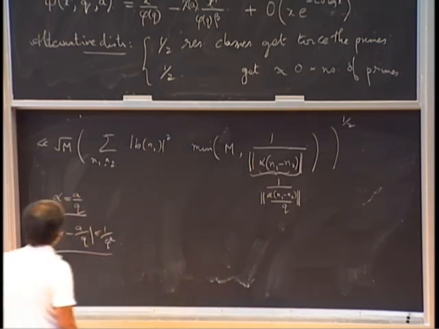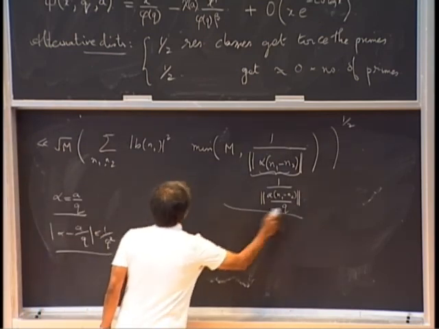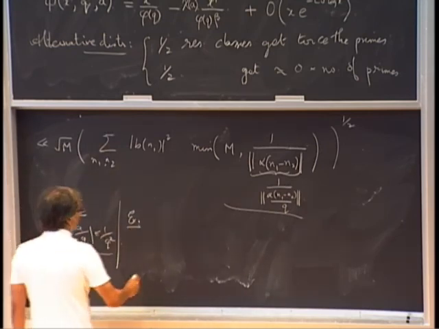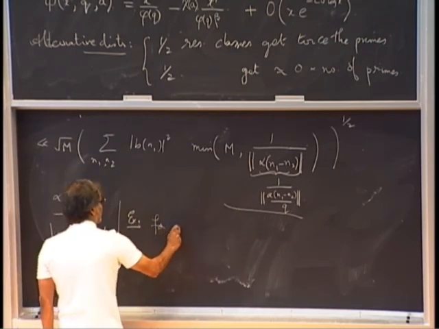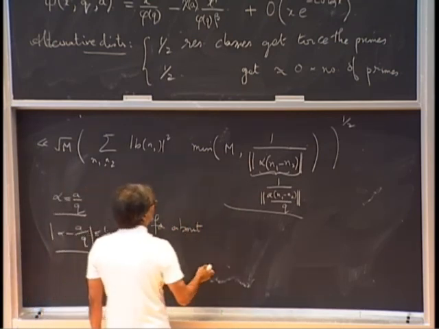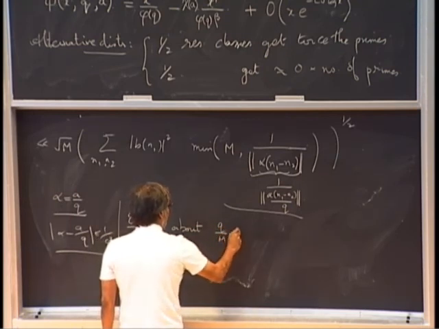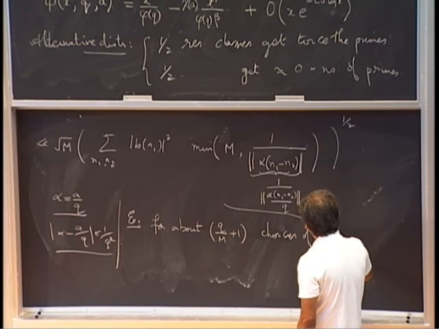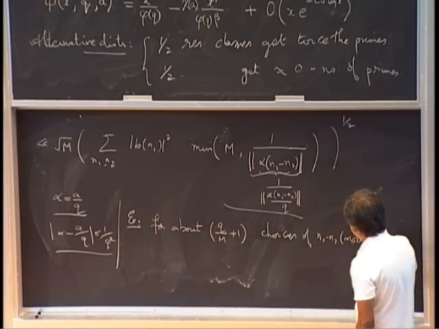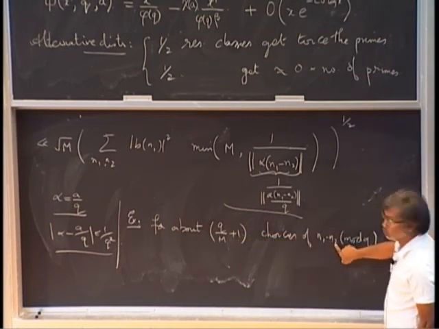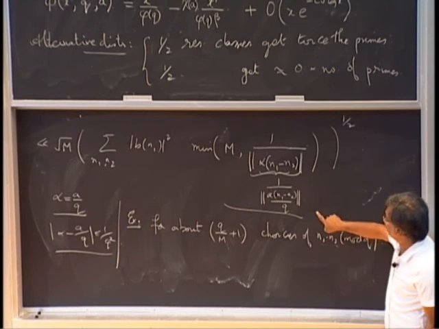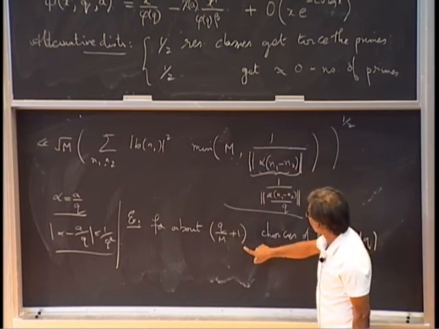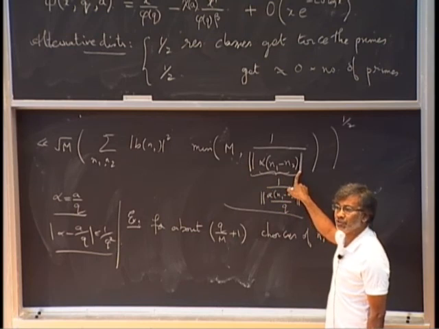So an exercise would be to show that for about q over M plus 1 choices of n1 minus n2 mod q, this one could be the choice where n1 minus n2 is 0 mod q, where it's clearly better to use the bound M. For these many choices, I would use the bound M. For the remaining choices, I would use the other one.